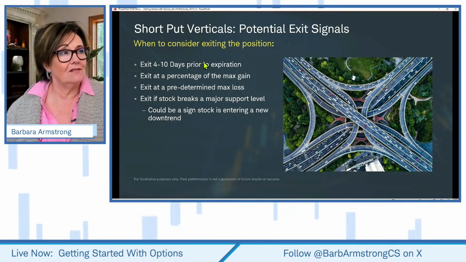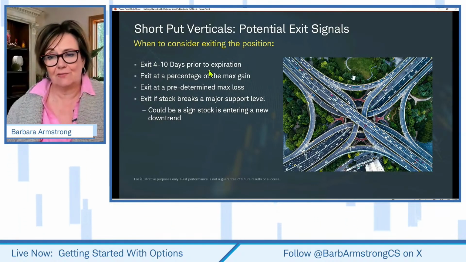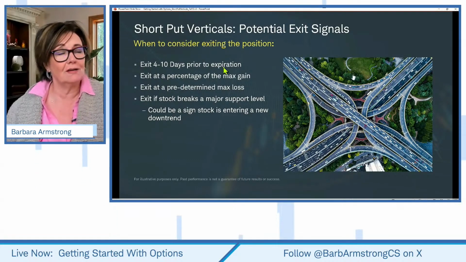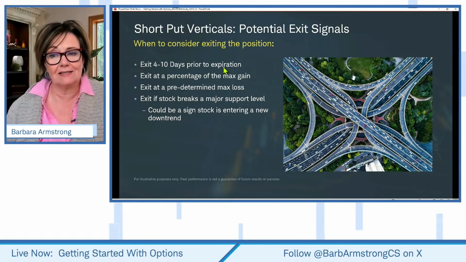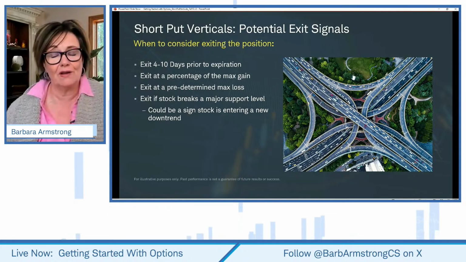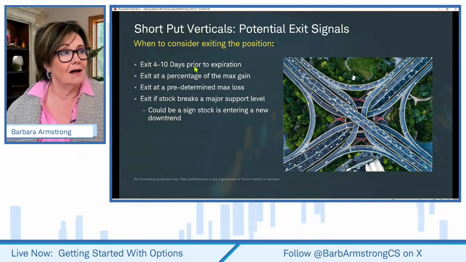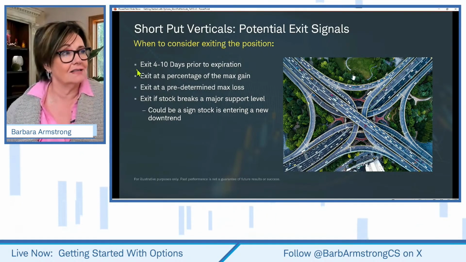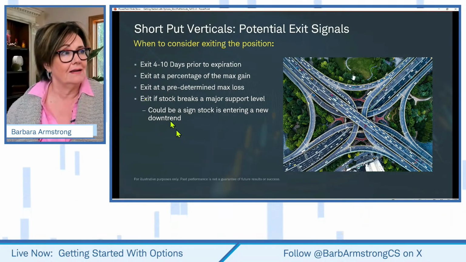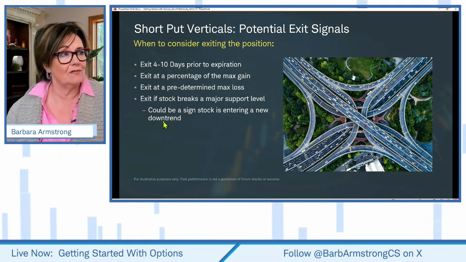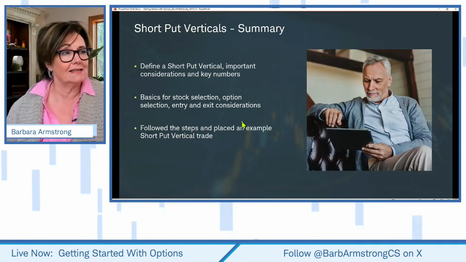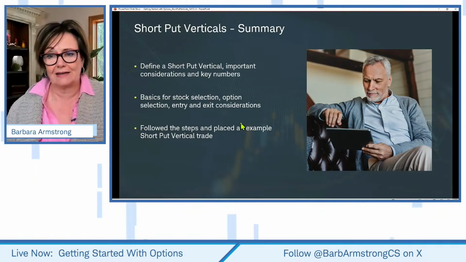And when to get out, 4 to 10 days prior to expiration. Some might have that guideline. Certainly prior to expiration, because if it expires in between the strikes and then the price gaps down over the weekend, you could lose more than your theoretical max loss. So if you get out prior to expiration, then you can avoid that. And Ken talks more about these in his classes. Like if it breaks a major support level, it wasn't what you were expecting, so you may decide to get out.